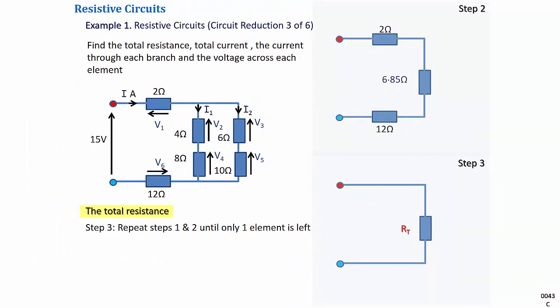Step 3. Repeat steps 1 and 2 until only one element is left, Rt. So, Rt equals the sum of the series elements, which equal 2 plus 6.85 plus 12. Therefore, Rt equals 20.9 ohms.